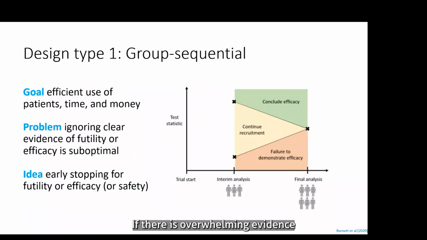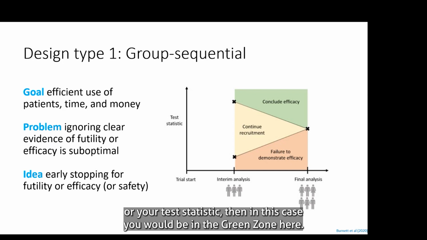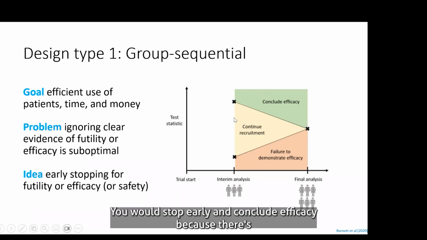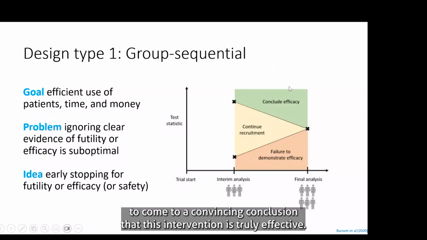If there is overwhelming evidence in favor of the intervention, and you cross a pre-specified threshold for your p-value or your test statistic, then in this case you would be in the green zone. Here you would stop early and conclude efficacy, because there's no need to collect any more data to come to a convincing conclusion that this intervention is truly effective.